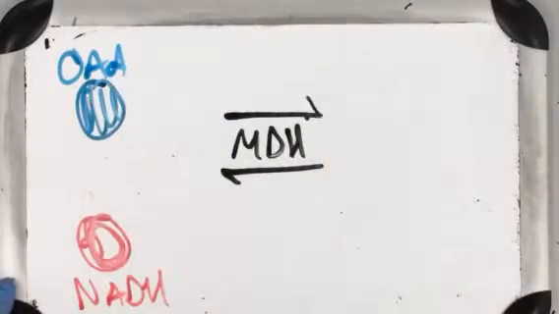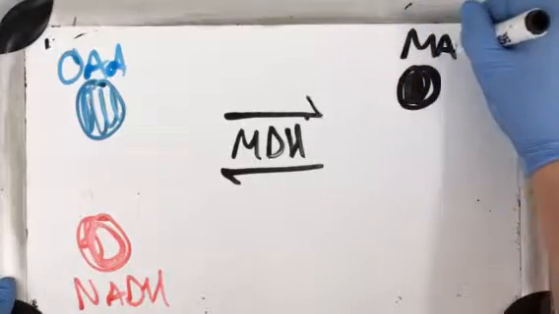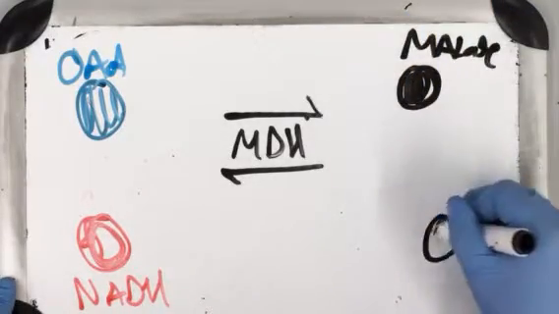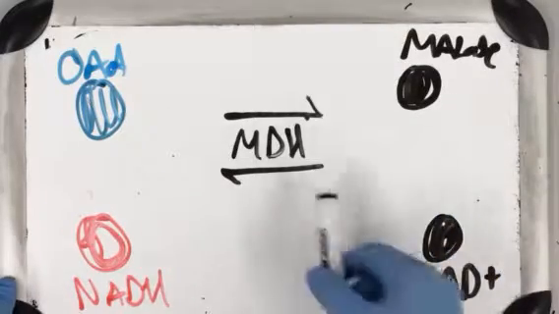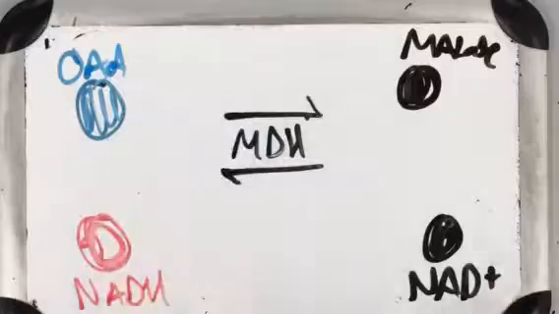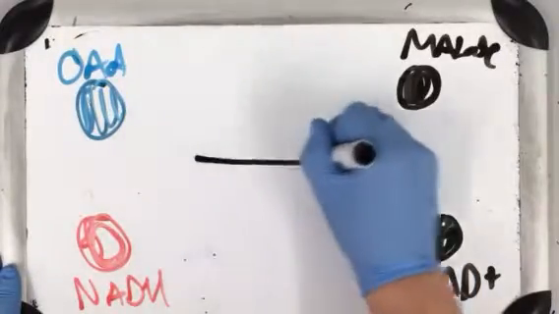We could measure NADH. But when we had an overwhelming amount of product, NAD+, the reaction shifts. So instead, in the presence of high product here, the reaction will go this way.